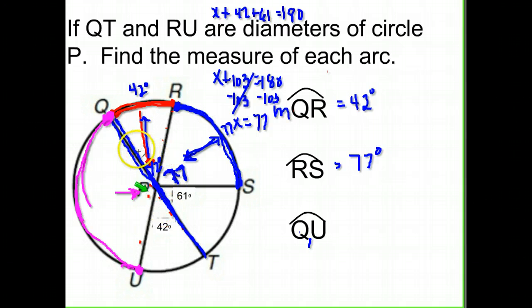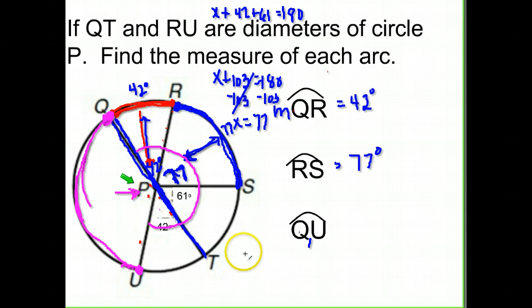However, we now know the measure of all of the other angles around the circle. We have a 42, a 77, a 61, a 42, and this missing angle right here. All together, those should make up a full circle. So similar to what we did on RS, we're going to do the same type of thing, only this time we're dealing with a full circle with only one angle missing. How many degrees are in a full circle?